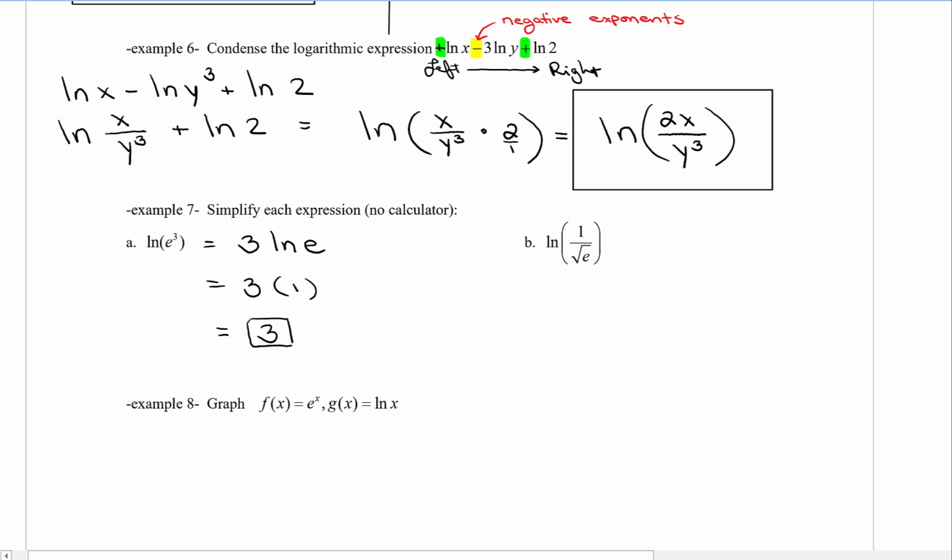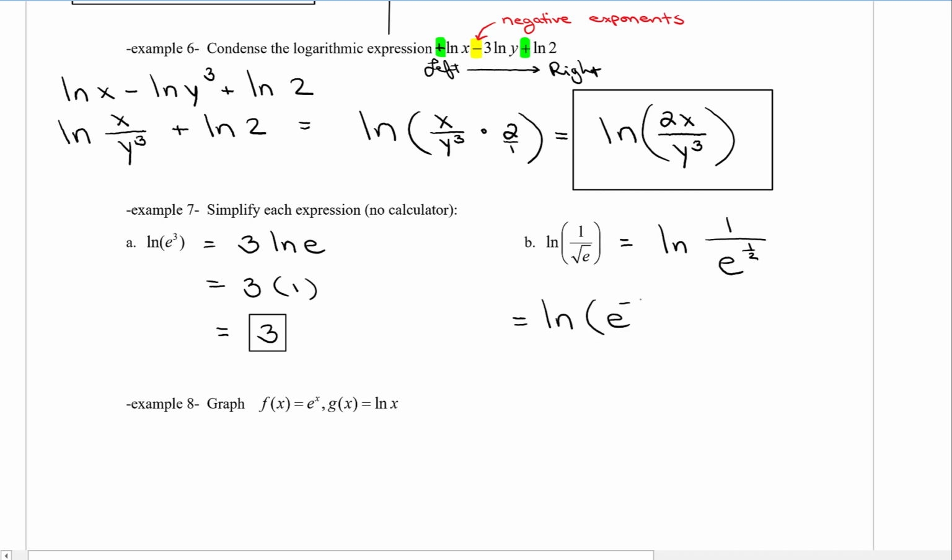Let's go on to example 7b. Example 7b says the natural log of, we're going to open up a set of parentheses here, 1 over the square root of e, and then close the parentheses. And this is equal to the natural log of 1 over e raised to the 1/2 power. I've just rewritten the square root of e as e raised to the 1/2 power in the denominator of that fraction.